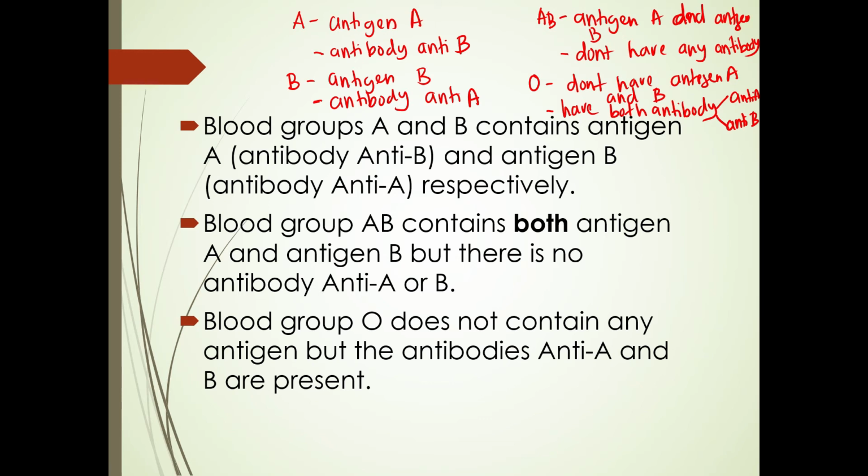But since I have the antibody anti-B, my antibody can recognize the face of antigen B. So it will not allow the antigen B inside the B blood to enter my body.